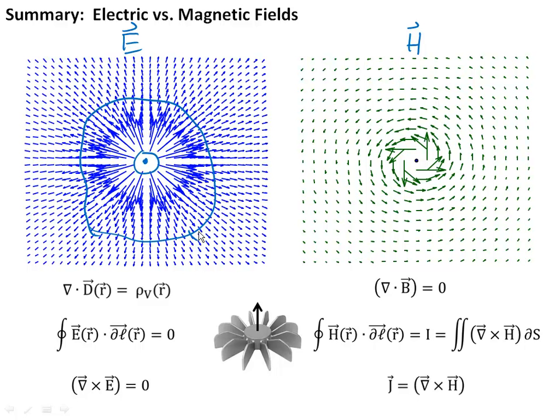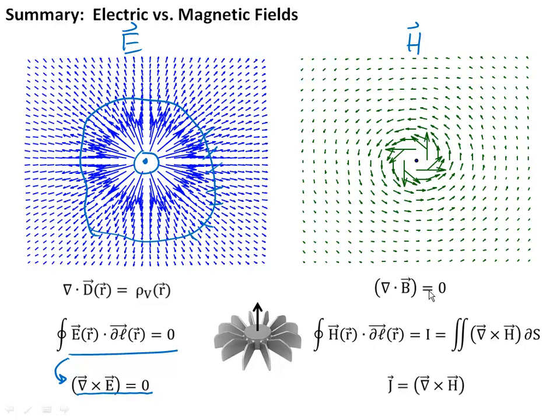We know that if we do a line integral and sum all the little components around the circumference of this line, in an electric field this term is equal to zero. That's just conservation of energy. And then by Stokes' law we can make the jump, which we haven't made before, that the curl of an electric field is equal to zero, at least in the static case. There's no curl to an electric field if the electric field isn't changing.